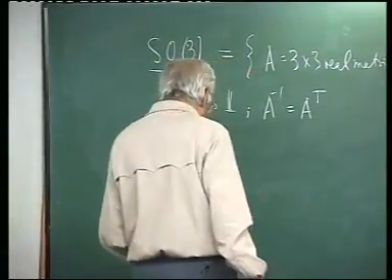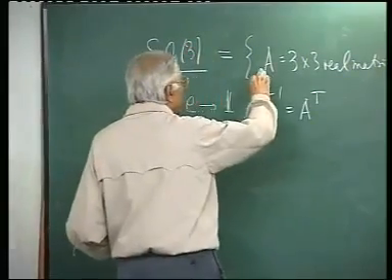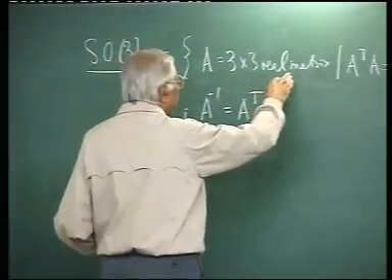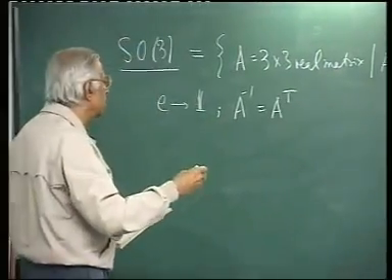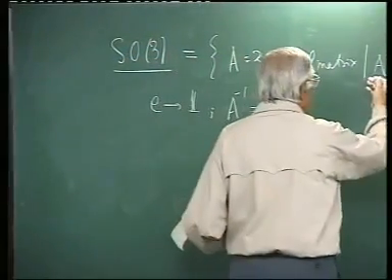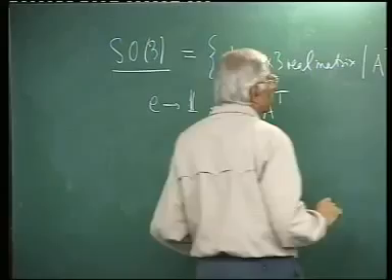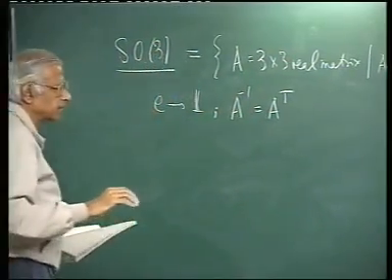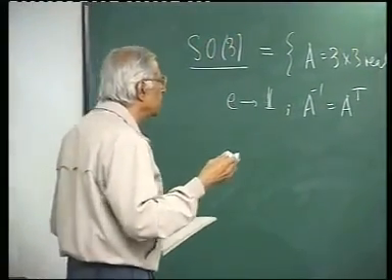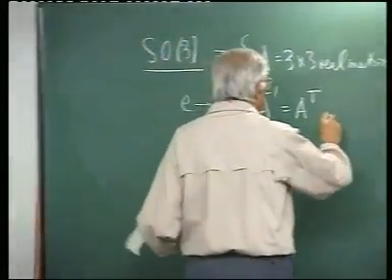You all know that if you start with a 3 by 3 real matrix which has 9 matrix elements, and then you ask, how many independent conditions have we put on the 9 matrix elements? I'm sure you have seen they amount to 6 independent conditions.